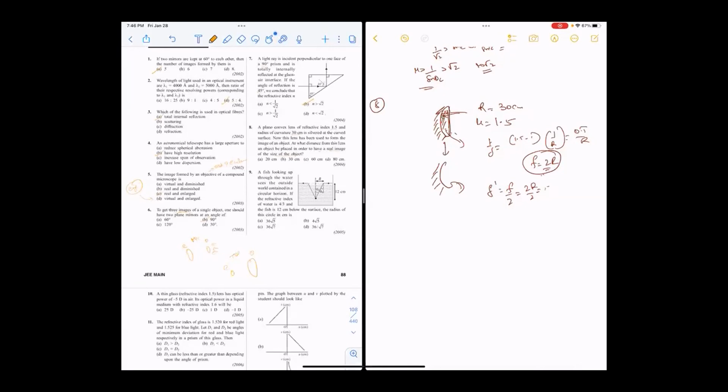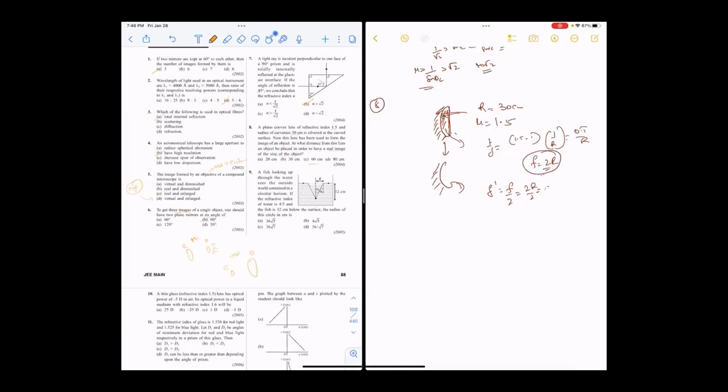Any suggestion there? In that case I'll be getting 60. Is the answer 60 or an option? I'm getting 60.